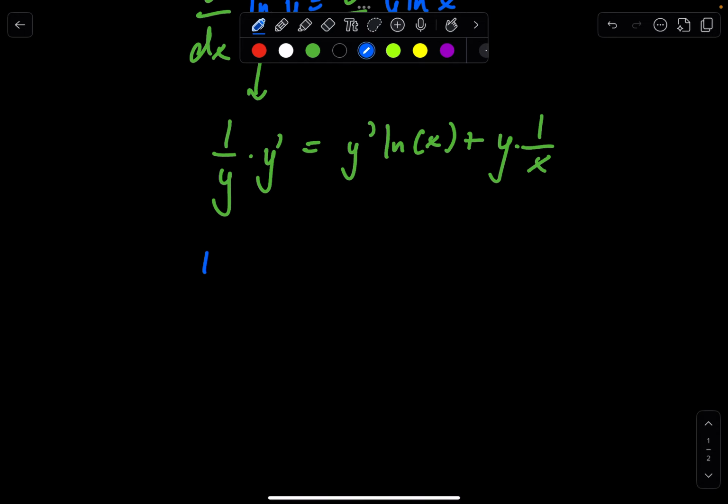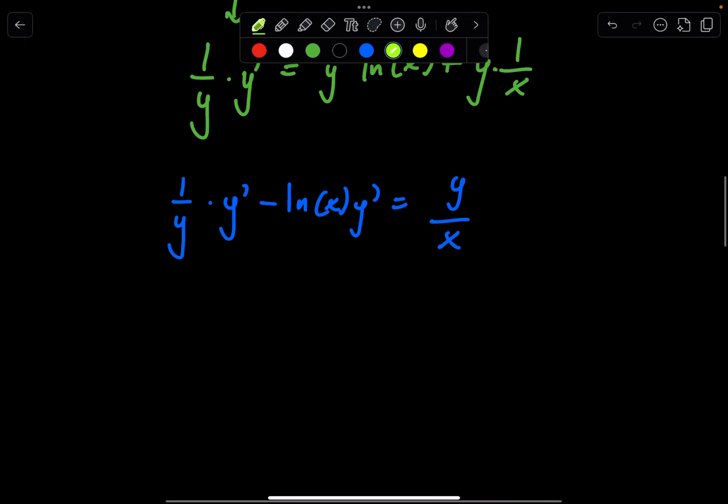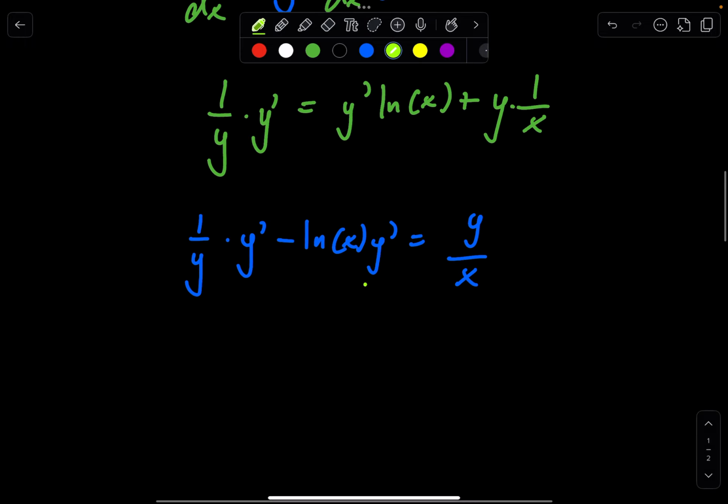What we do now, we subtract this on both sides, and then we can solve for y prime and factor out. So we have 1 over y times y prime is equal to, minus ln of x. Ooh, that's a weird ln. Minus ln of x, y prime, is equal to y over x, just like that. Now, we can factor out the y prime.